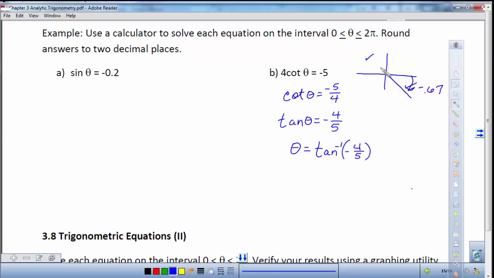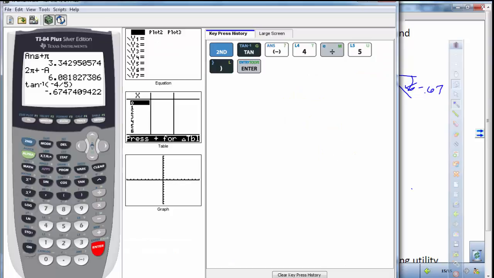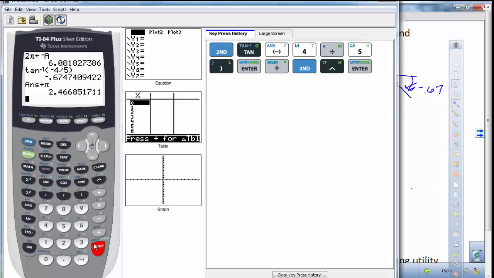This is not fine because it's negative, and we need something between 0 and 2 pi. So I'm going to add pi, and I'm going to add pi again. And so my two answers are 2.466 roughly and 5.608. Those are the two answers.